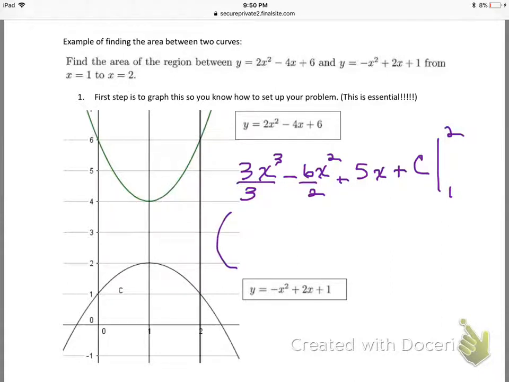Okay, so let's do a little cleaning up before we do that. So this is what I'm thinking. Let's reduce what we can. Okay, this 3 cancels that 3. 2 goes into 6 3 times. So let's just clean that up a little bit. So this can go away because I don't need the 3's there any longer.